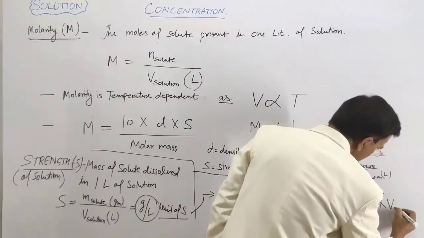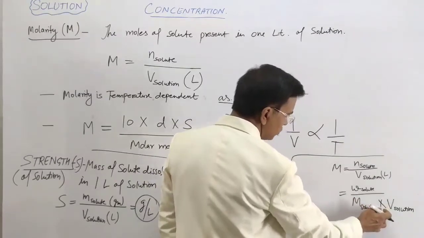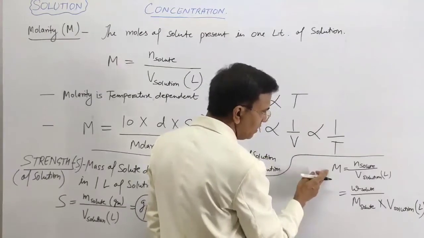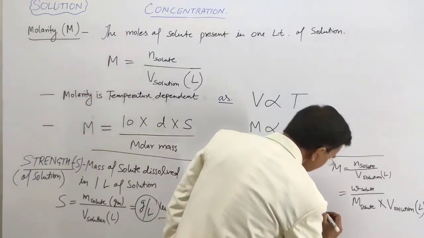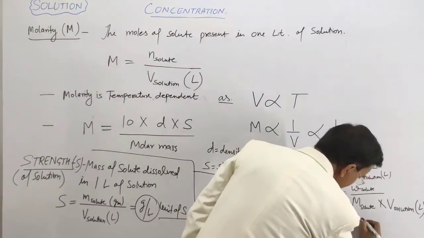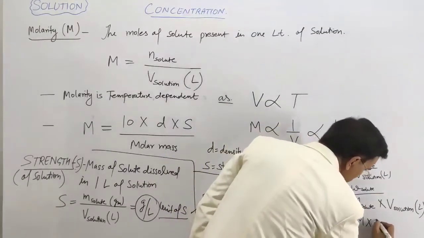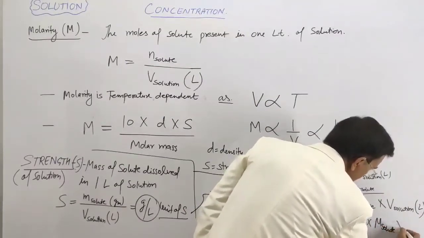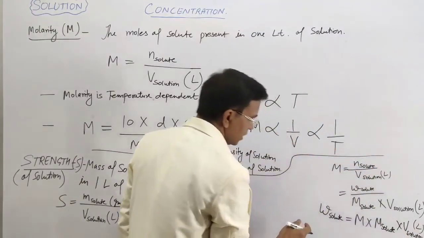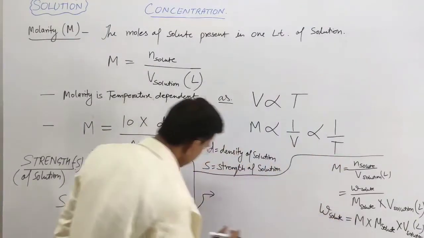If you calculate the weight of solute, it will be molarity multiplied by molar mass of solute and volume of solution in liters.